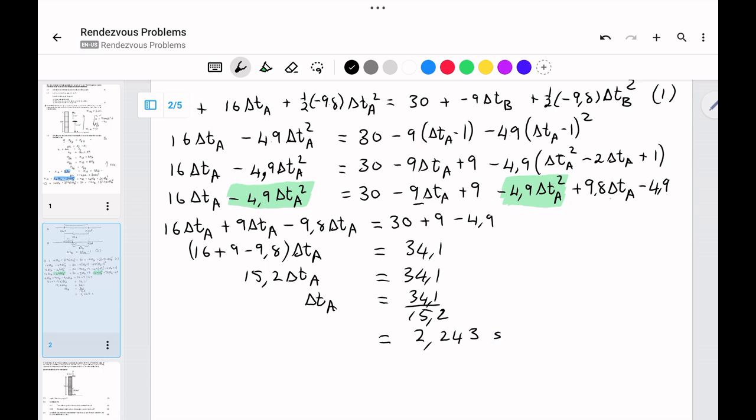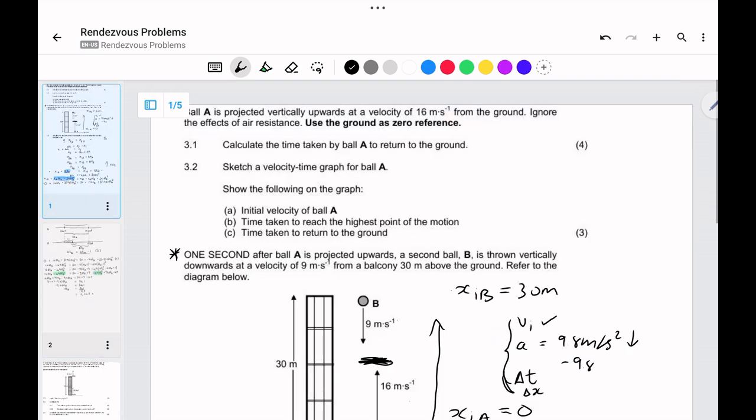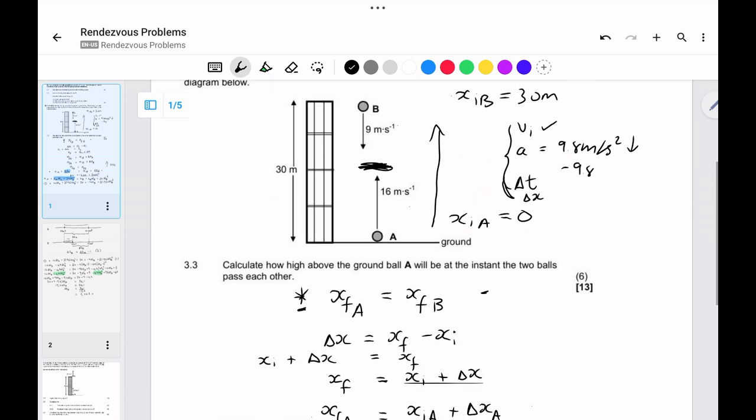Okay, so what did we do? Let's recap. What's the question asking? It was calculate how high above the ground ball A will be at the instant that the two balls pass each other. So what we just found was how long it's going to take ball A to pass ball B: 2.243 seconds.